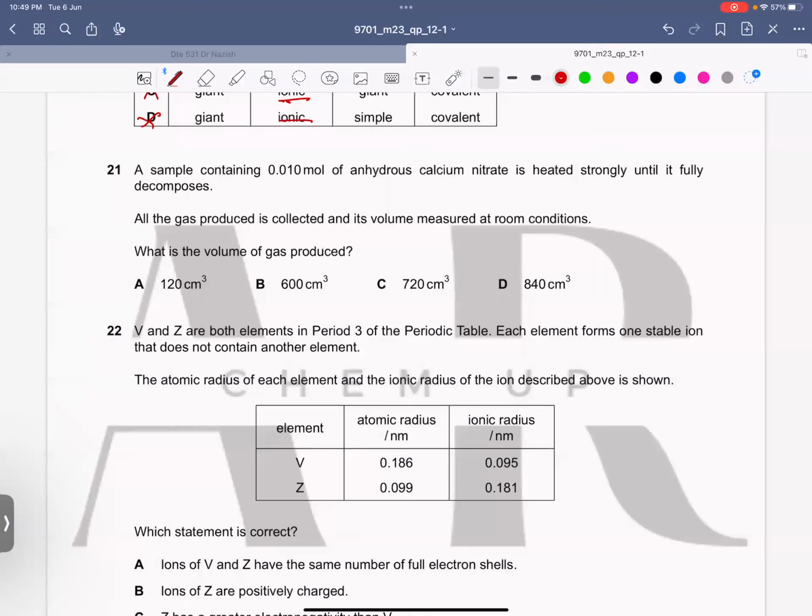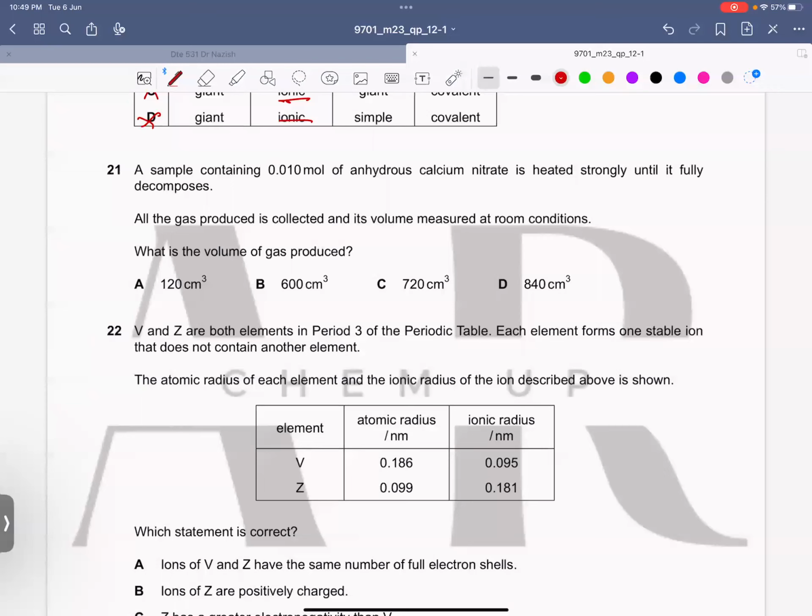So if you go for the equation, what we will get is calcium oxide, and 2 moles of nitrogen dioxide gas.